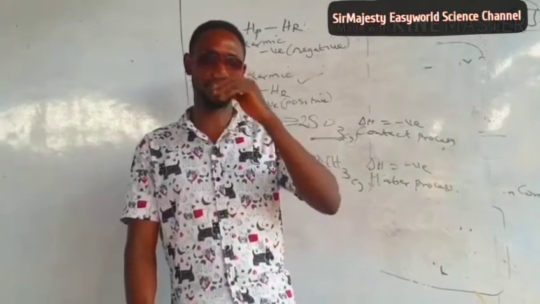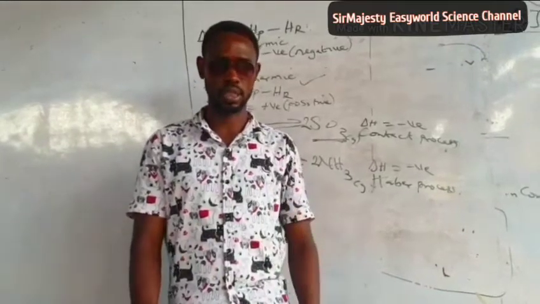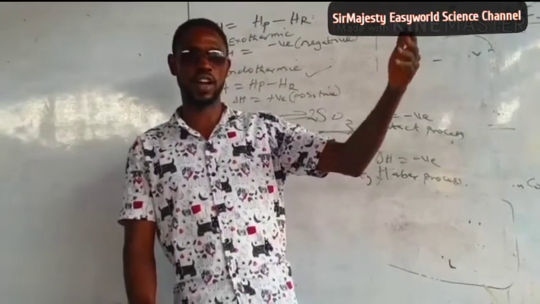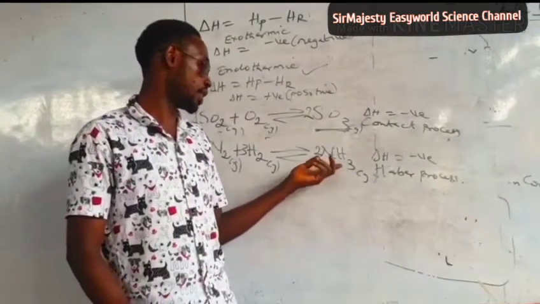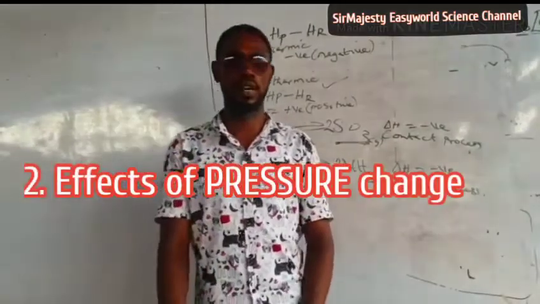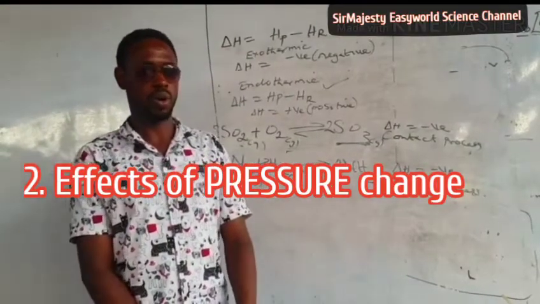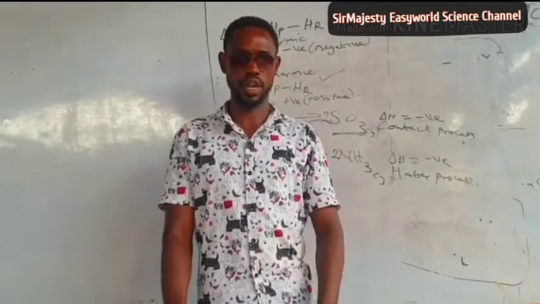I think 250 degrees Celsius is the ideal or optimum temperature during the Haber process. Going above this, up to 500 degrees Celsius, means you are going to discourage more yield of ammonia. That is it for the effect of temperature. We now come to the effect of pressure. What is the effect of pressure change on the equilibrium position of a reversible reaction?